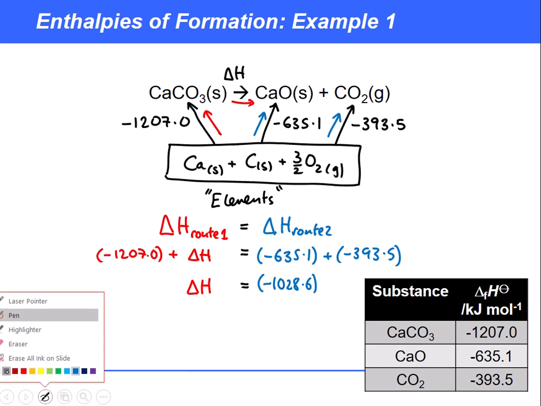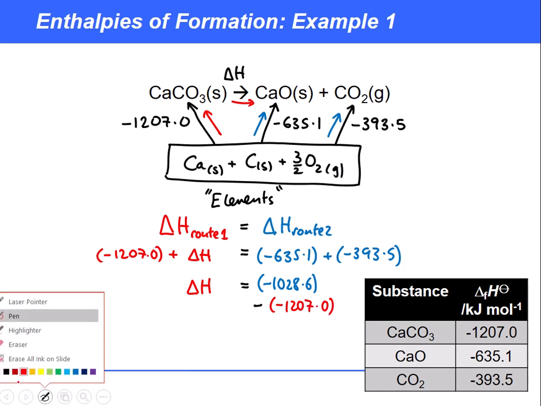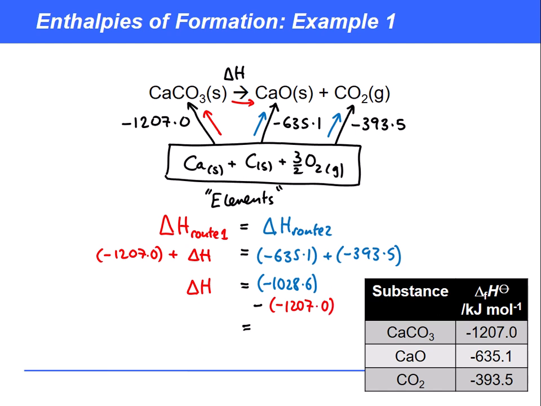We're going to subtract from that minus 1207.0, and we can find out from that that our overall enthalpy change that we're interested in finding has a value of plus 178.4, and that will be in units of kilojoules per mole.